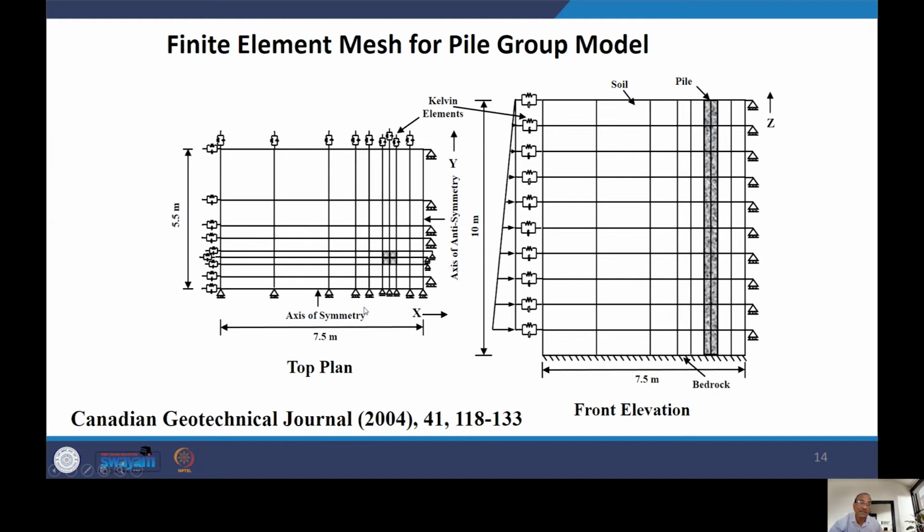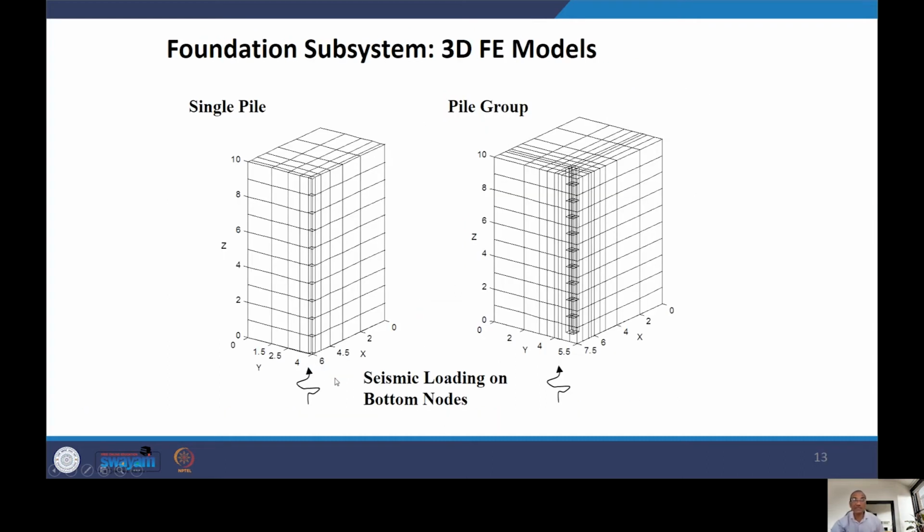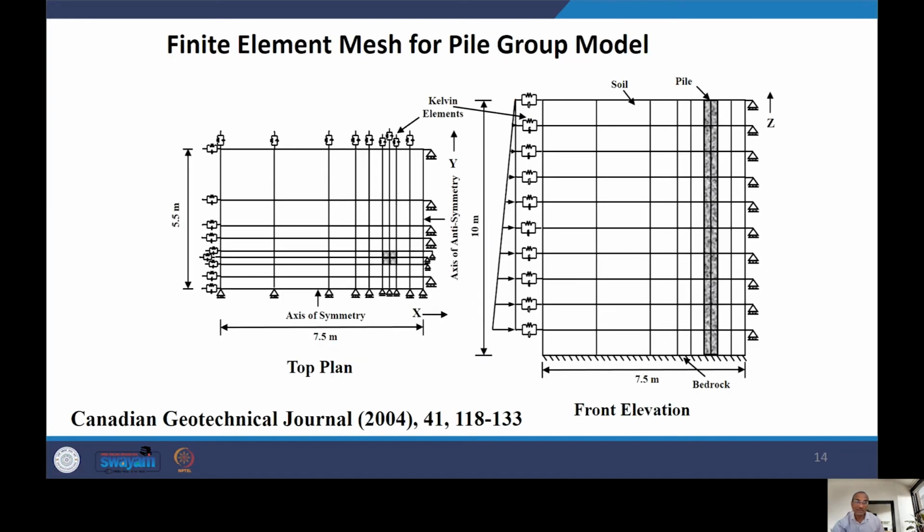Number 2, at the axis of symmetry, some rollers are attached, and these rollers permit the displacement along x direction, because the load is applied, input motion is applied in x direction. Here it is assumed that input motion consists of only vertically propagating shear waves. That means only the x component of the motion, but not y and z. So the input motion is applied only in x direction.